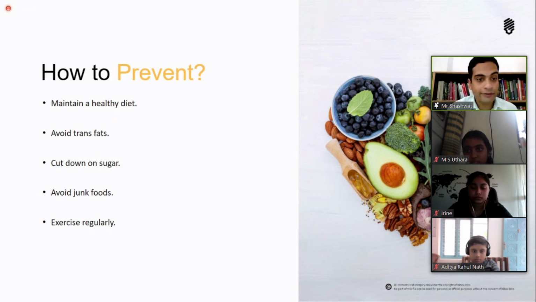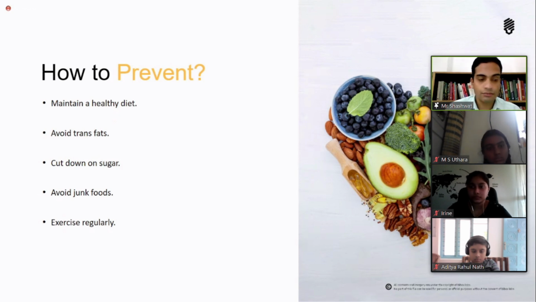Instead of white sugar, you can consume natural sugar like jaggery, palm sugar, or date sugar. So there are alternatives to white sugar. If you can completely take out white sugar from your diet, avoid junk foods.